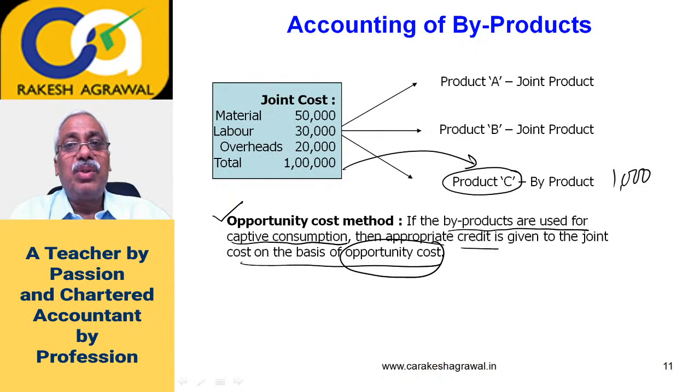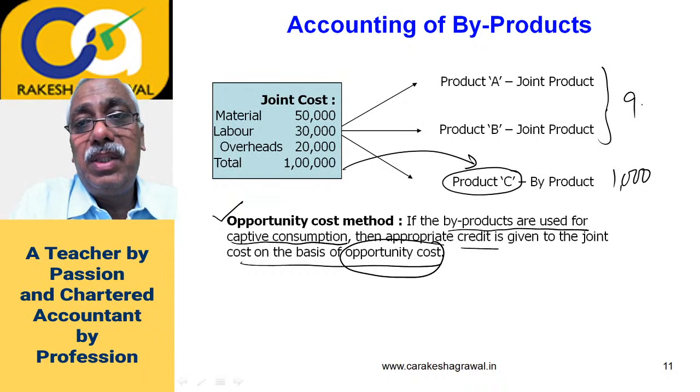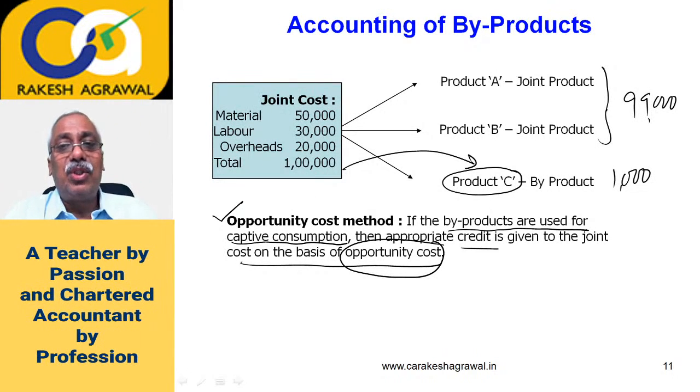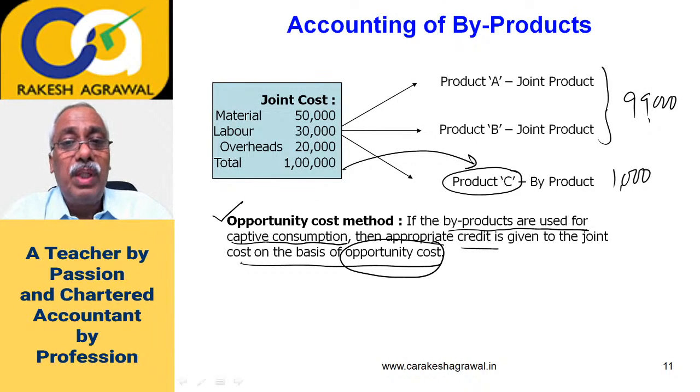Means to this process you give credit 1000, and you give debit to the distillation process where this product will be used, 1000. And now the remaining 99,000 will be distributed between these two joint products. Means you will as good as assume that you have realized 1000. Right? That is the opportunity loss, the opportunity loss to sell that byproduct in the outside market.